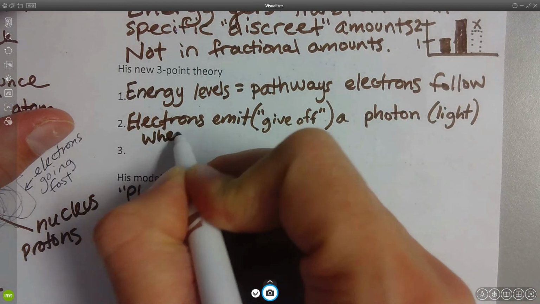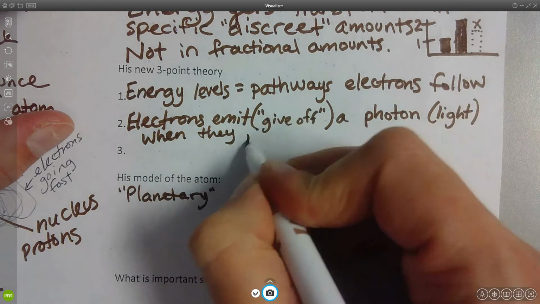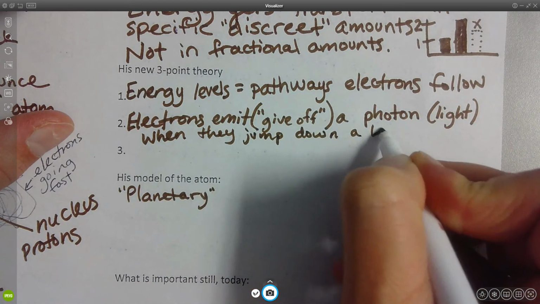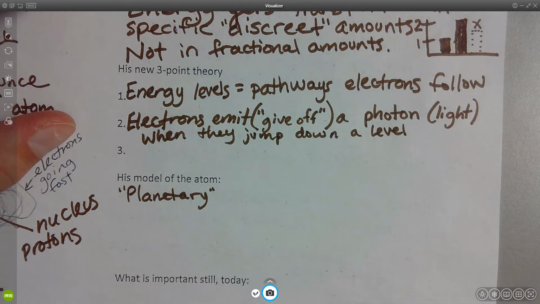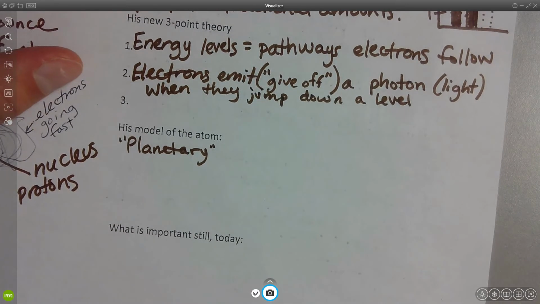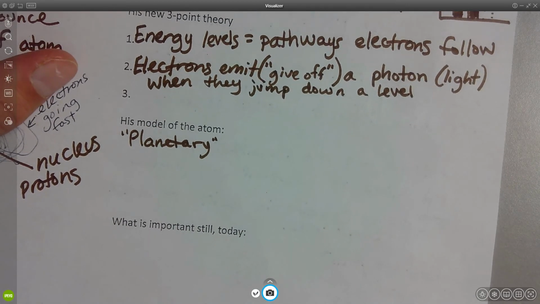They emit a photon when they jump down a level. Like I said, they're in these different levels, these pathways, these energy levels, and they can jump from one level to the other. But if they jump from a higher energy level to a lower energy level, then they're going to give off a photon and make some light. Make sense? Don't try to think too hard about it or you'll probably crash your brain.